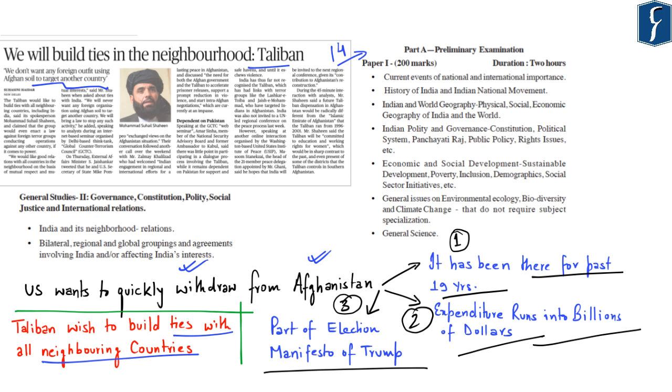So in this regard, this topic becomes important from your prelims perspective from current events of international importance, and in mains it gets covered under GS paper 2, specifically with respect to international relations from the perspective of India and its neighborhood relations, and also any agreements between regional or global groupings and their impact on India's interest.